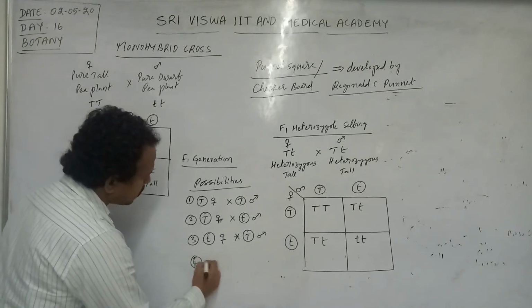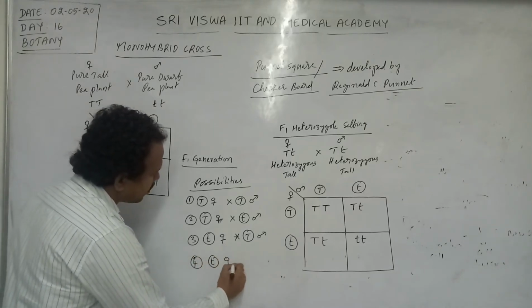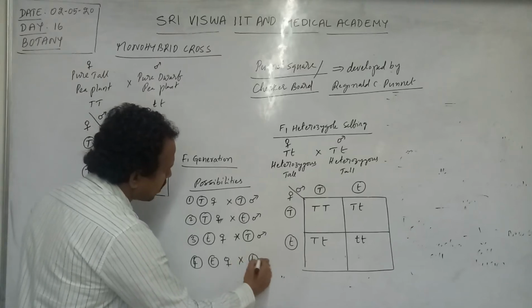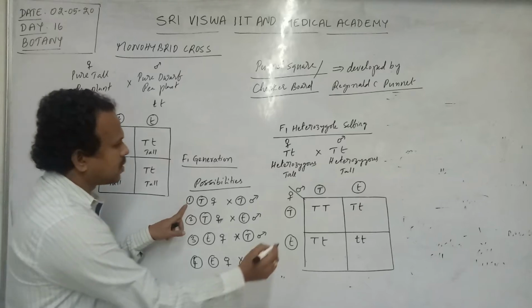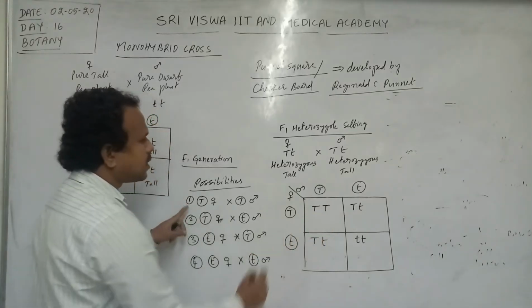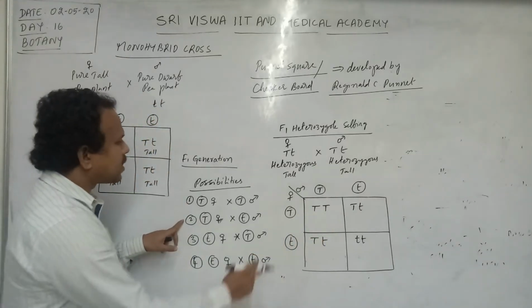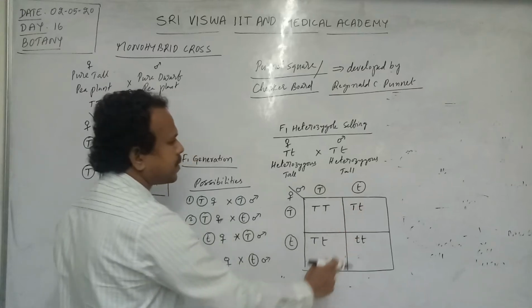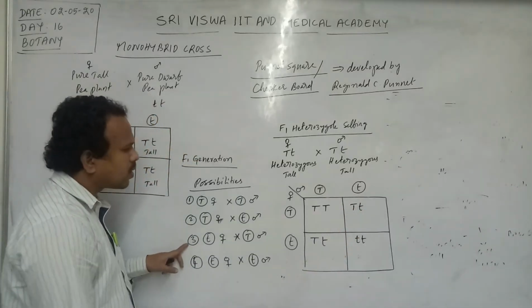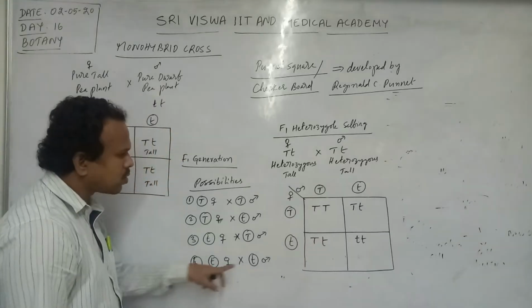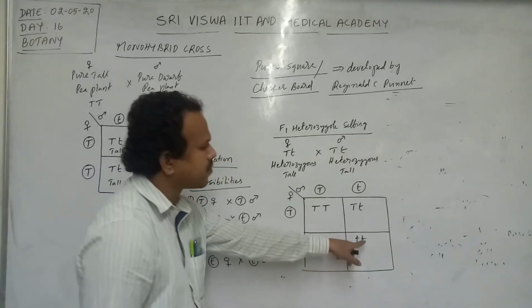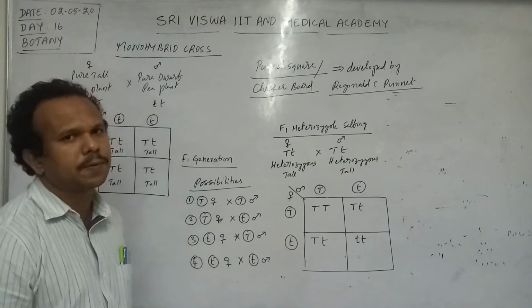Then fourth possibility, small t female gamete with small t male gamete. Here the first condition results in the formation of capital T capital T. Second condition results in capital T small t. Third condition results in capital T small t. Fourth condition results in small t small t.